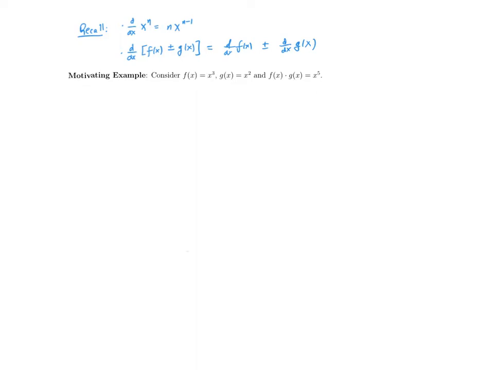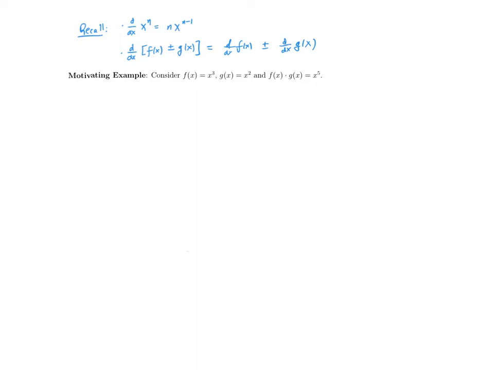And naturally that makes us wonder, what about products? What about quotients? And to get us working towards the derivative of products, I wanted to start off with what might be the simplest possible example of interest we could consider, which would involve just x's raised to some different powers.